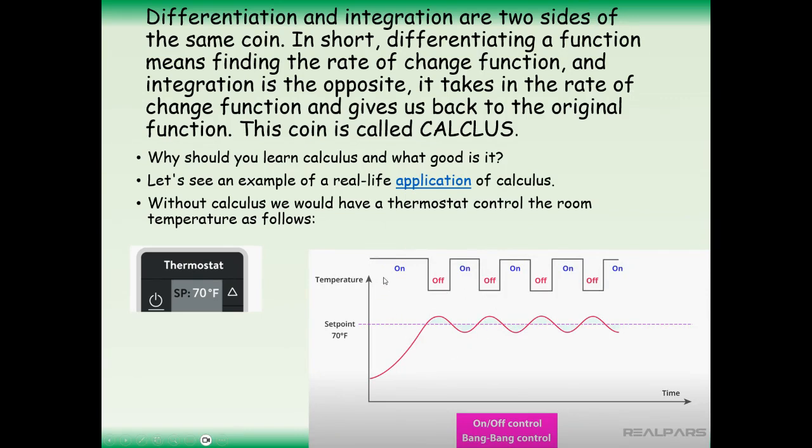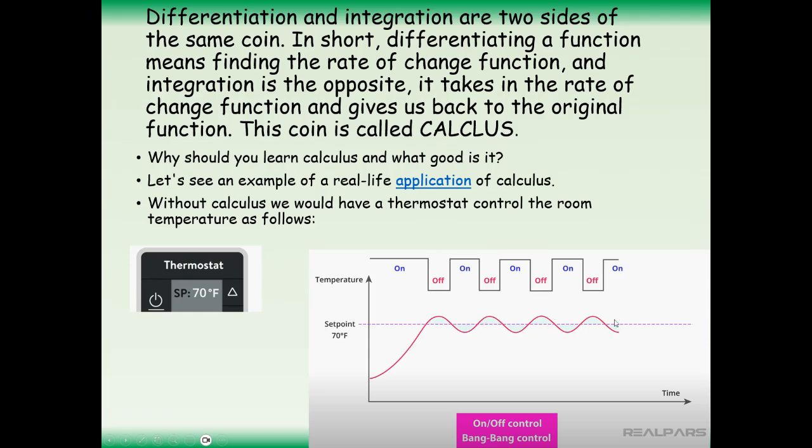It will turn on the heating, and once your room temperature goes above 70 degrees, it will probably overshoot that 70 degrees by 2 or 3 degrees before the thermostat realizes it's warm enough now, and it turns the heating off. Then after maybe an hour or so, once your room temperature falls below 70 degrees and maybe gets to 67 or 68, it turns it back on again.